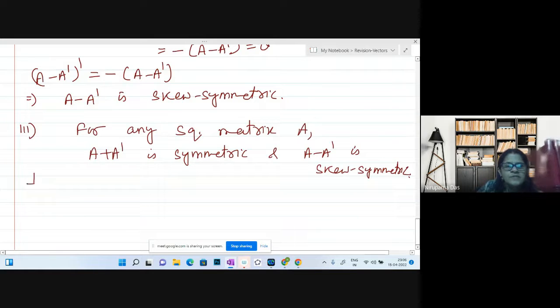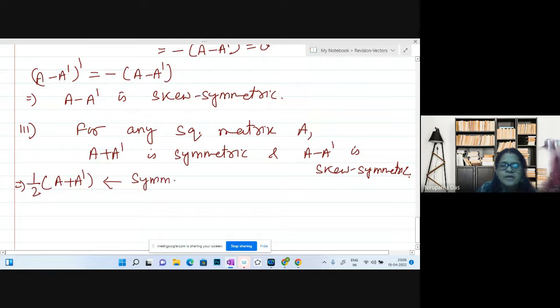So it means if I write here half of A plus A transpose, it will be symmetric, right? Multiplying by any constant will not change the property of being symmetric or skew-symmetric.